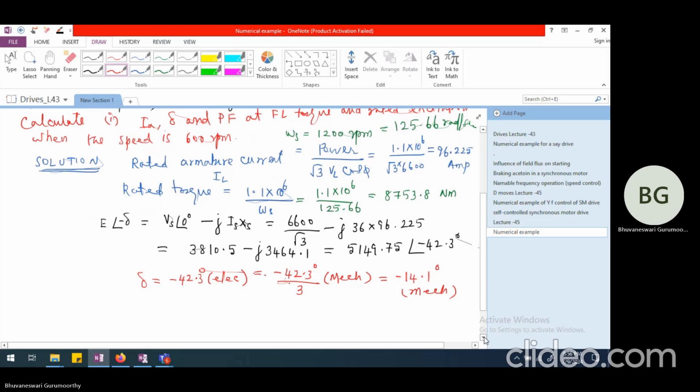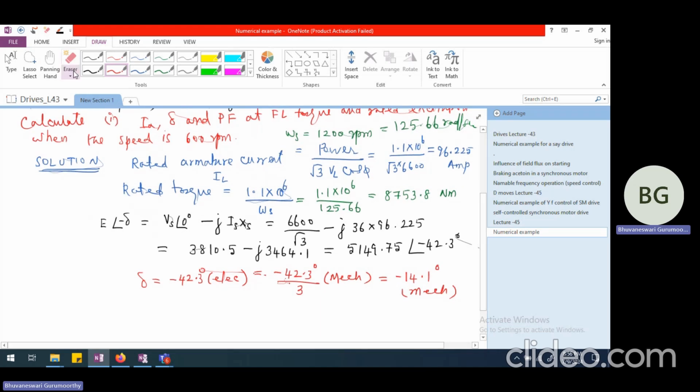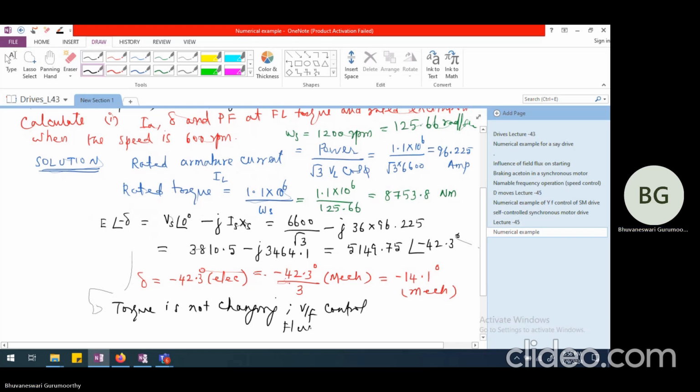Okay. Now let us try to calculate corresponding to 600 RPM. When we are actually making, this is rated torque. So torque is not changing. And we say it is V by F control. So flux will not change.